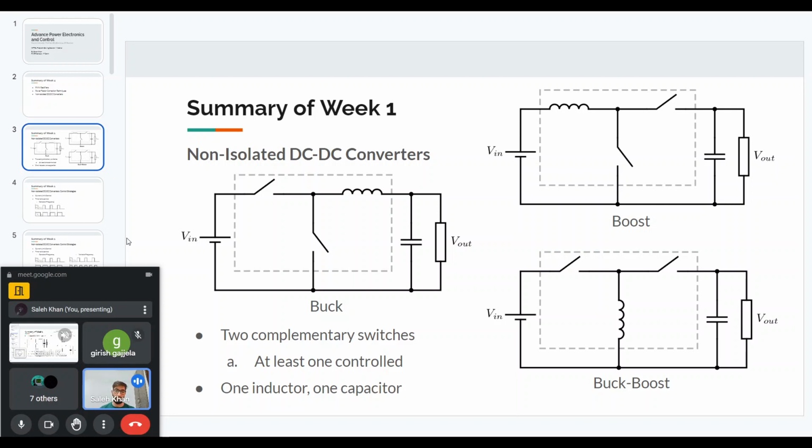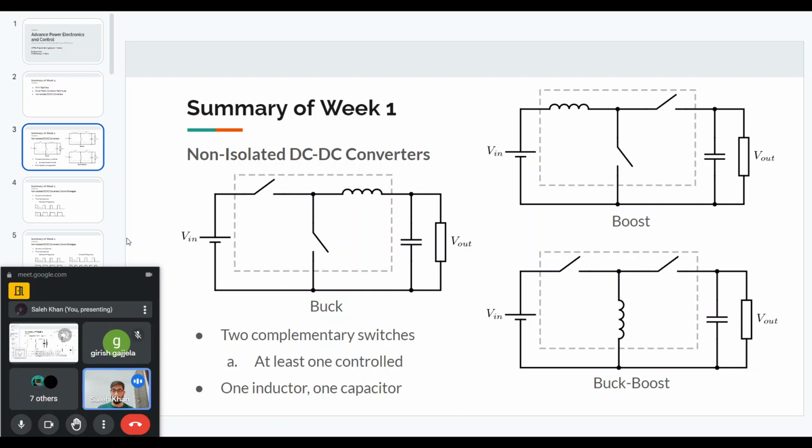What you should notice is that all three of them have two complementary switches. They are turned on and off in a complementary fashion. That means if one switch is on, the other must be off, and if the other is on, the first one must be off. That is what I mean by complementary switches.